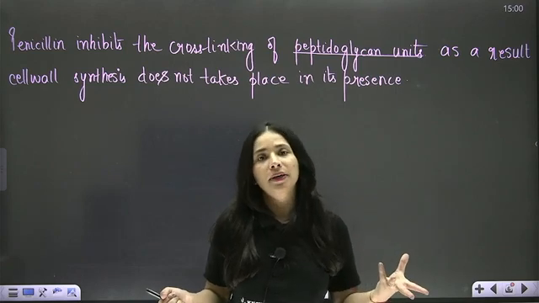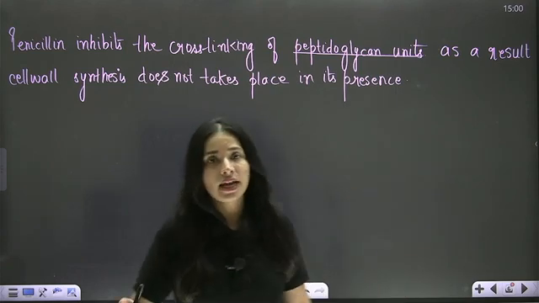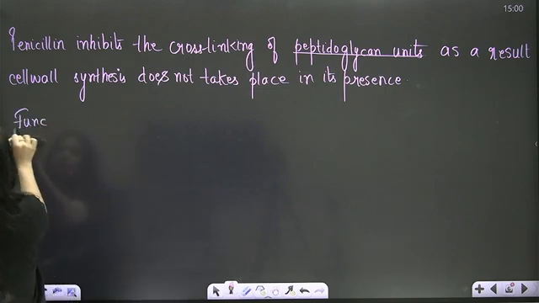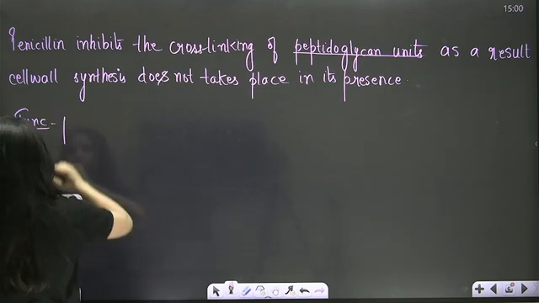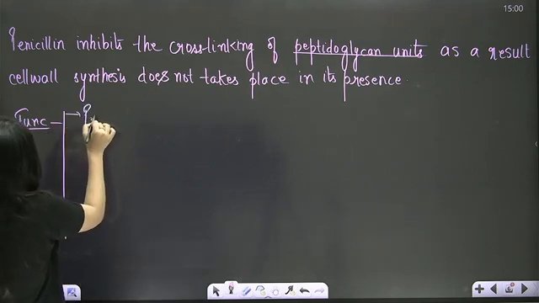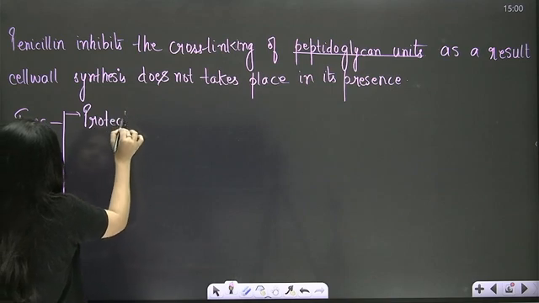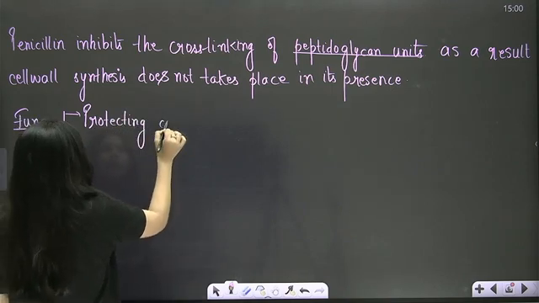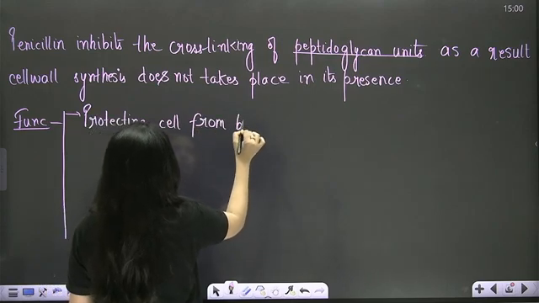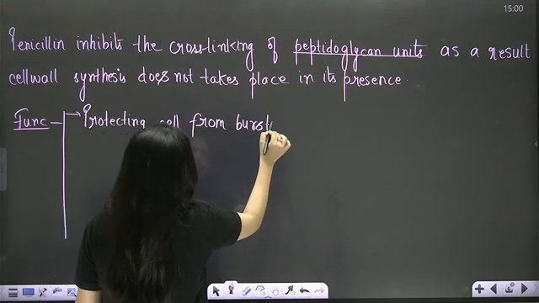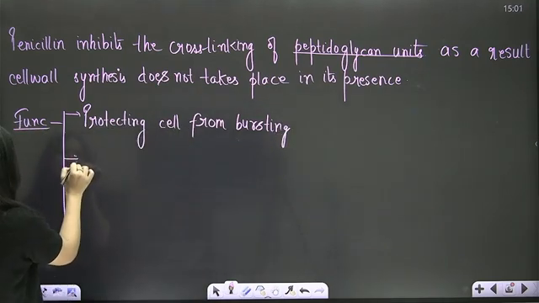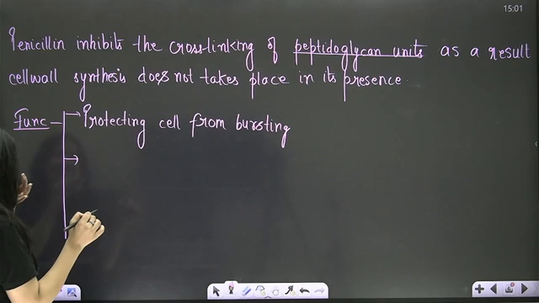So the main function of the cell wall is protecting the cell from bursting.